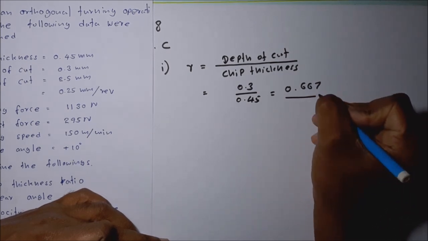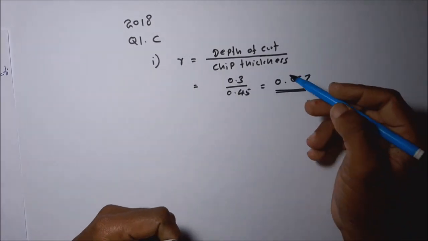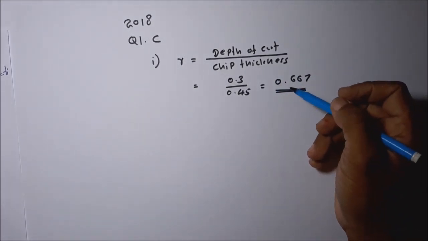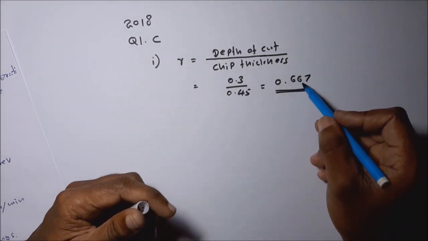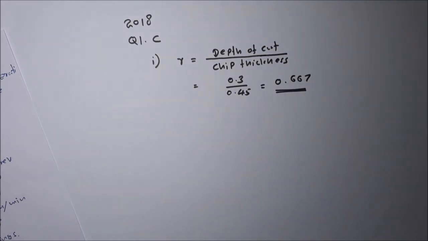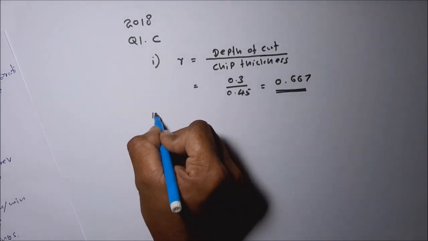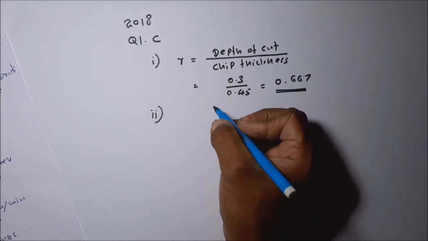Here we get the answer for R equal to 0.667. Then the second part asks to find the shear angle.